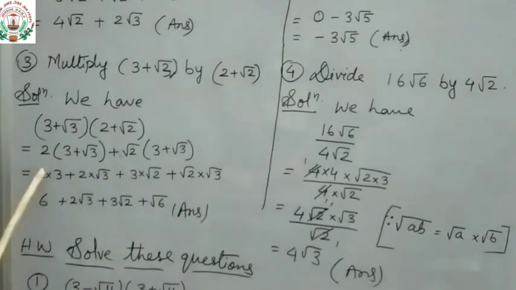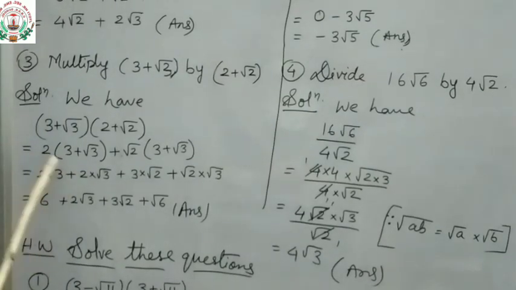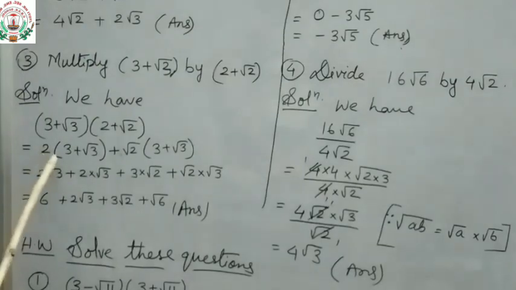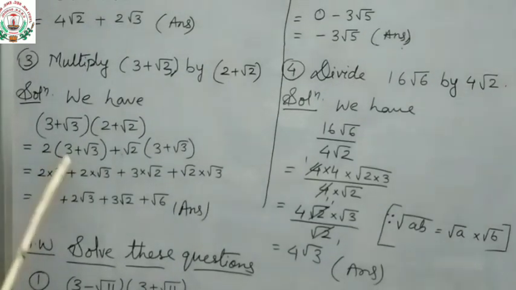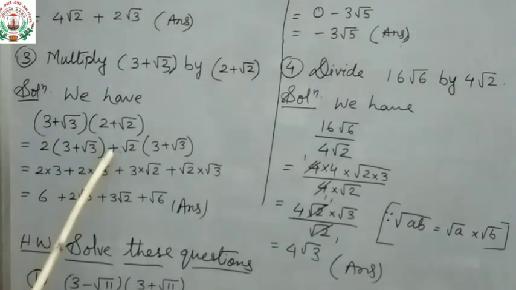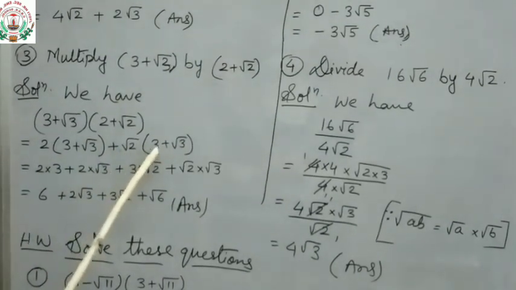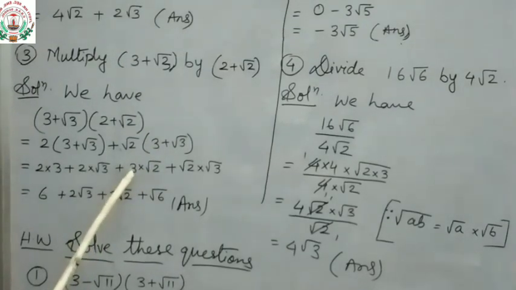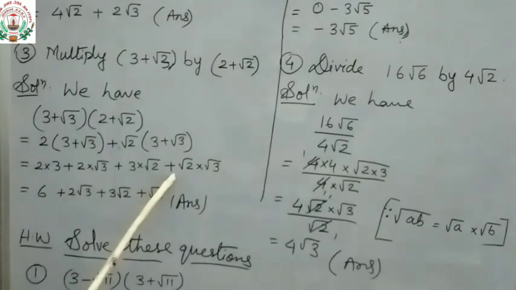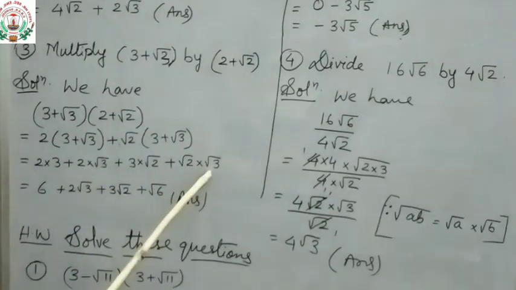Okay, so now first, 2 into 3 plus root 3, the distributive property we have seen. So 2 into 3, plus into plus will be plus, so 2 into root 3. Same way plus, now root 2 into 3, so the whole number will come first, so 3 into root 2, then plus into plus will be plus, then root 2 into root 3. Clear?